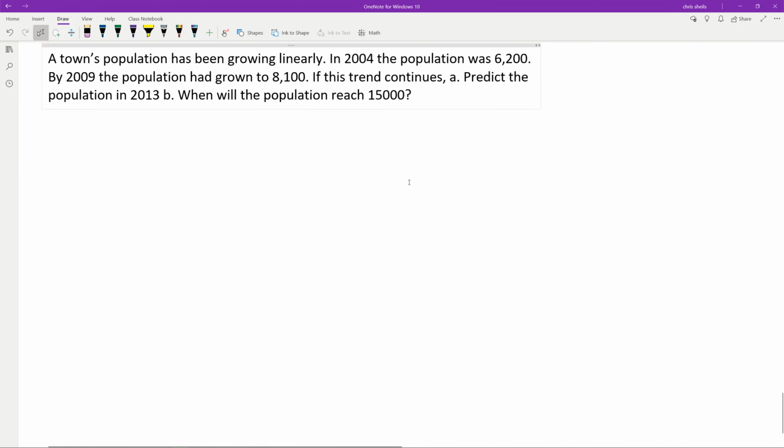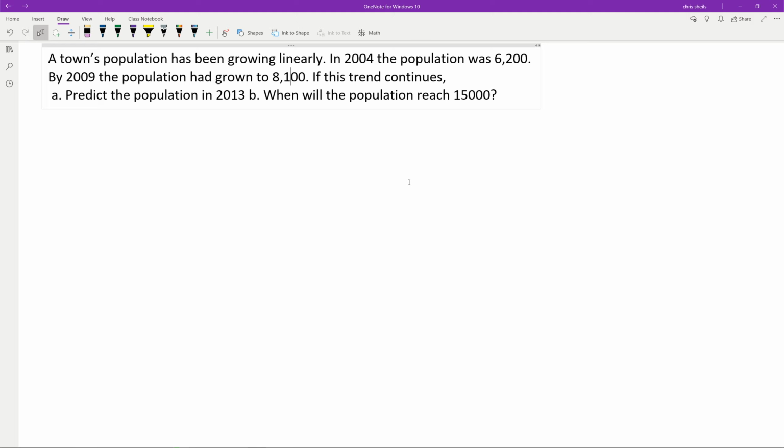A town's population has been growing linearly. In 2004, the population was 6,200. By 2009, the population had grown to 8,100. If this trend continues, predict the population in 2013 and find when the population will reach 15,000, or when will the population reach 15,000.